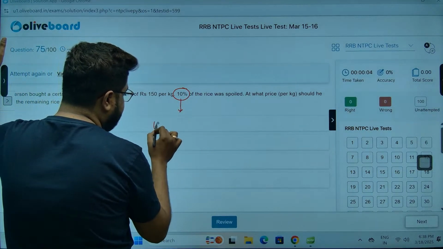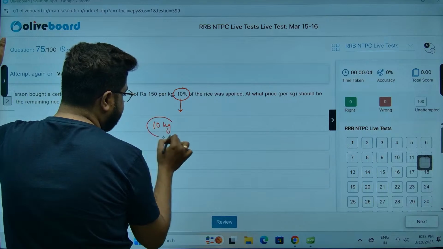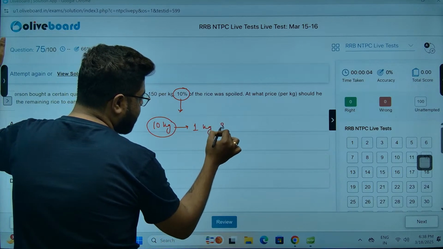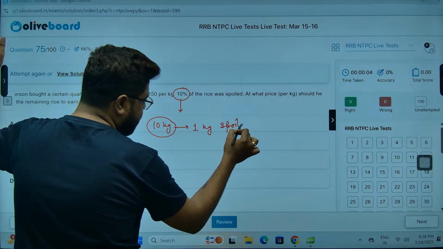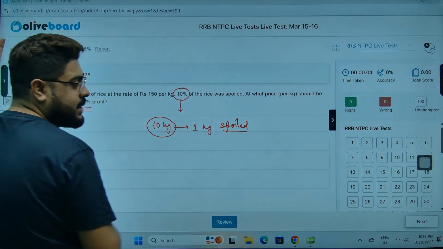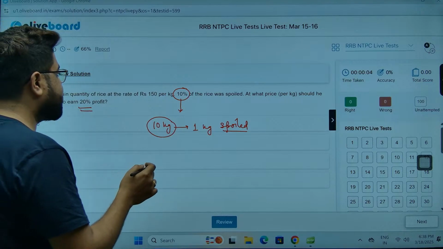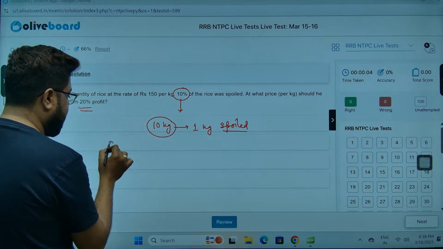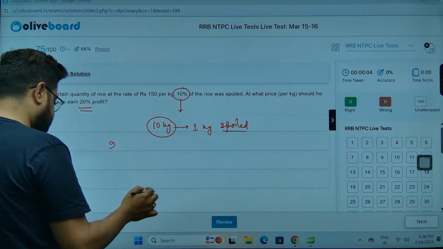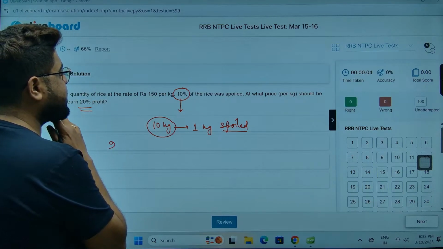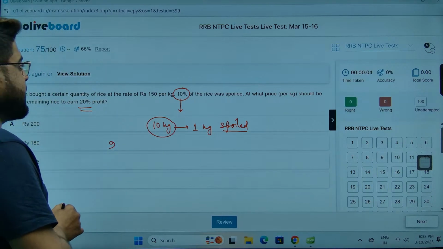I'm saying he purchased 10 kg of rice. 1 kg spoiled, that is 10%. That means 9 kg is remaining, sir. He can sell only 9 kg, right?